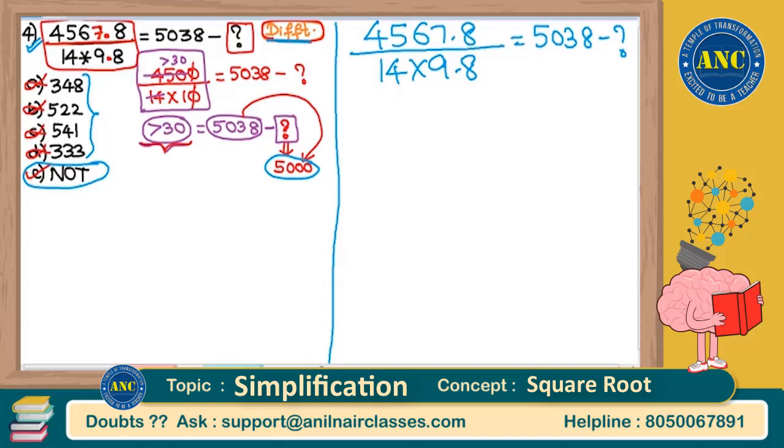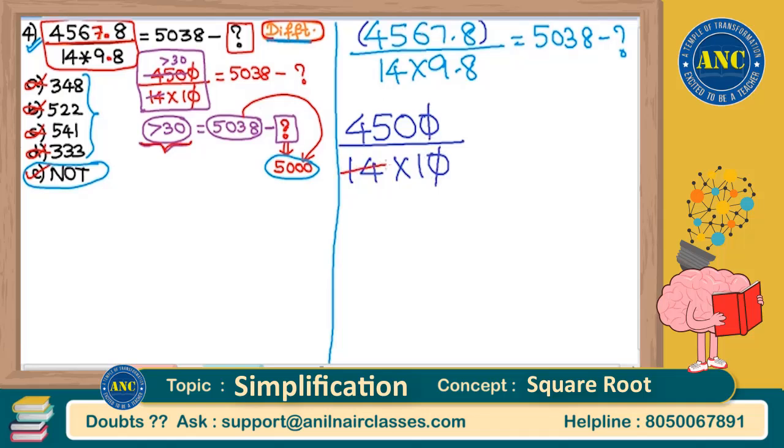Now what I will do, Mahananda, is approximate 4567 to 4500. Similarly, 9.8 I will approximate to 10. Now think logically, Mahananda. 0 will get cancelled.